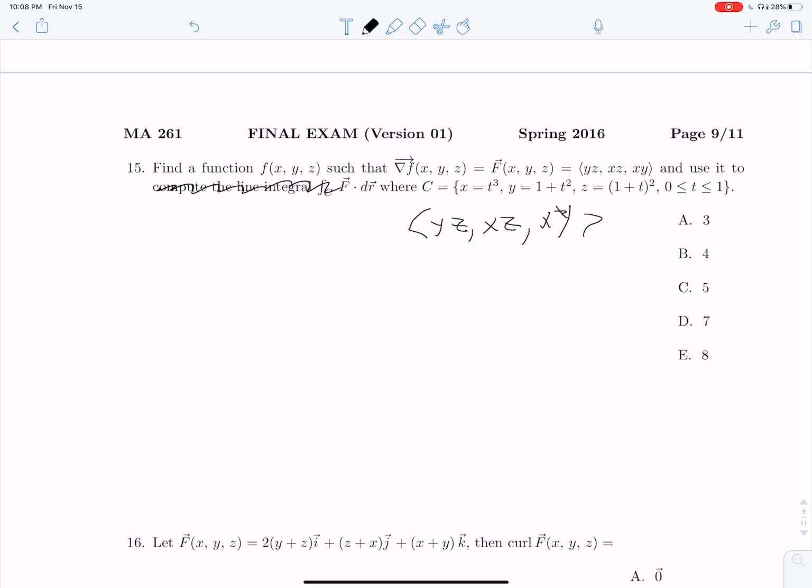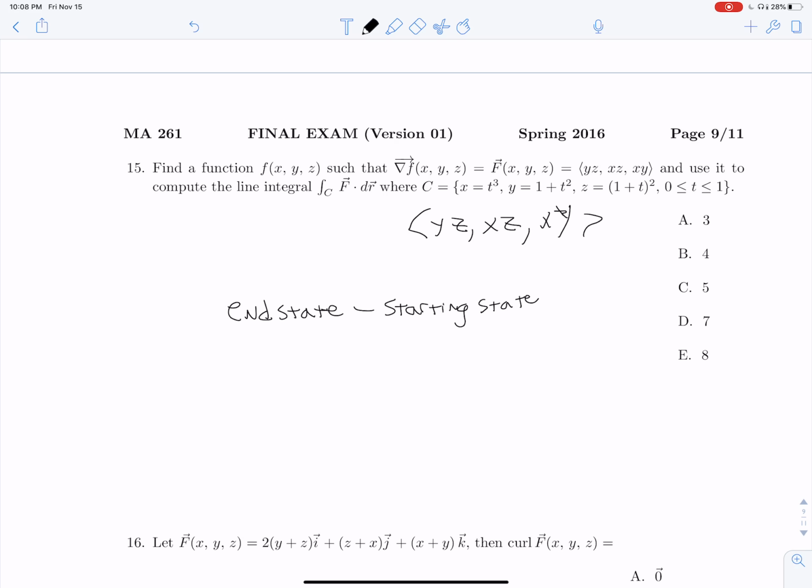So none of this matters because we know that we can apply the fundamental theorem of line integrals, which says that if we're in a conservative vector field, the path that we take does not matter. All we have to do is take our end state and subtract our starting state.